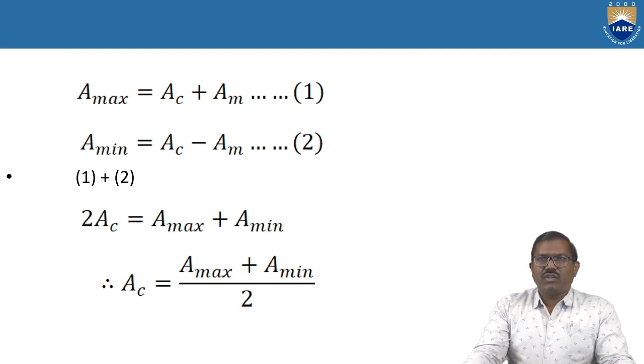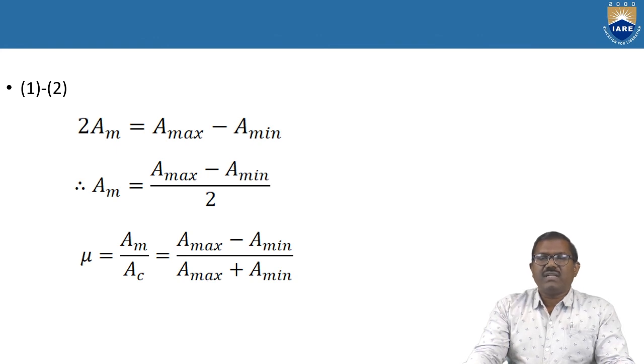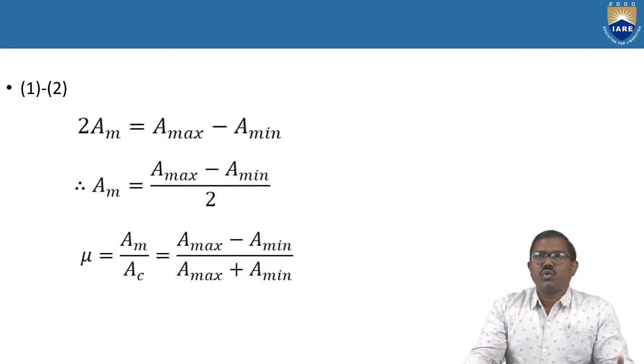You can add those two equations, you get 2Ac, which is equal to A max plus A minimum. Therefore, Ac is equal to (A max plus A minimum) by 2. Similarly, subtract equation 2 from equation 1, you get 2Am, that is A max minus A minimum.